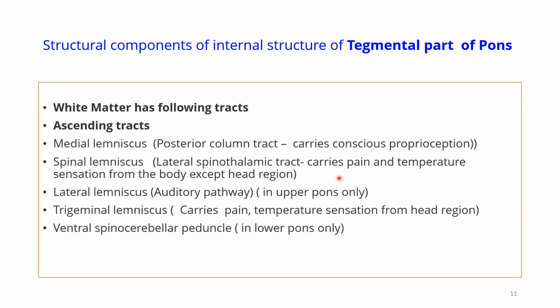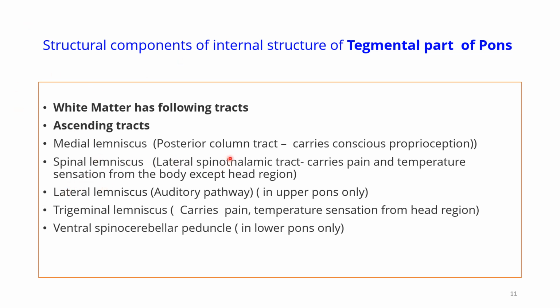It carries pain and temperature sensation from the body except from the head region. And the lateral lemniscus contains the auditory pathway. In the upper pons only you can see that. And the trigeminal lemniscus, which carries pain and temperature sensations from the head region. And in the lower pons you can see the ventral spinocerebellar peduncle. So this is the white matter in the tegmental part of the pons.